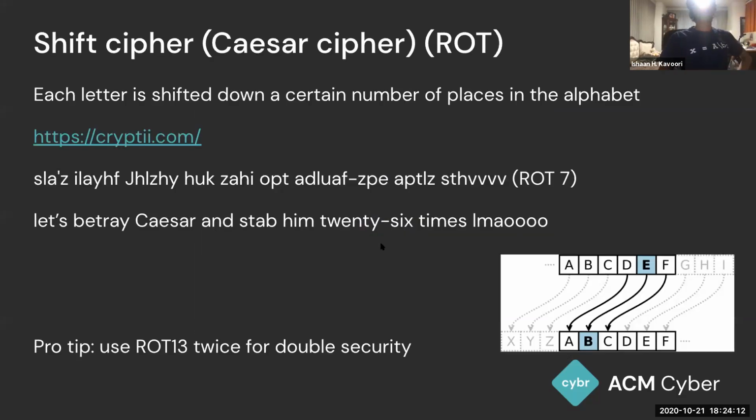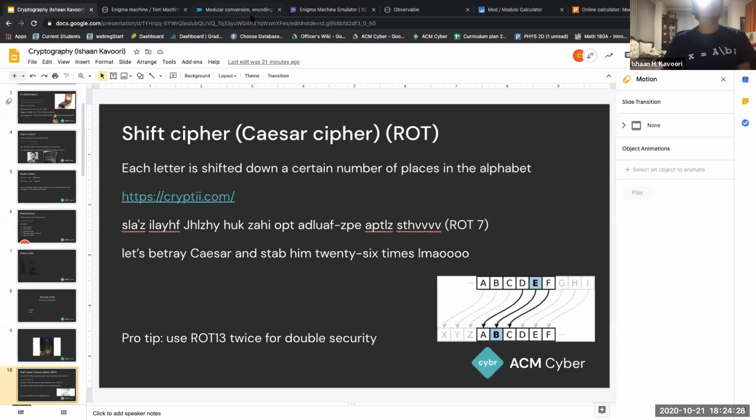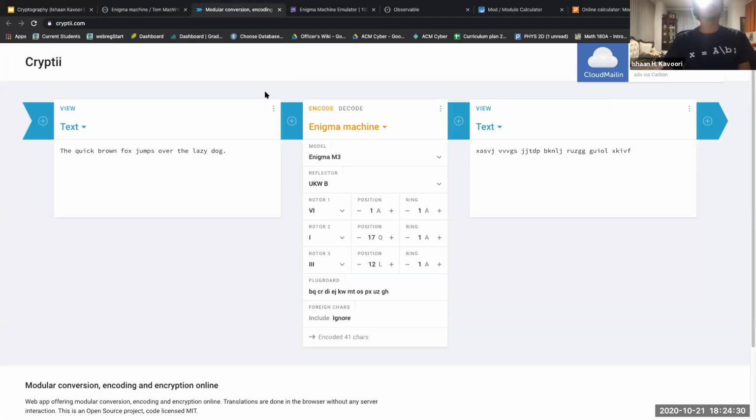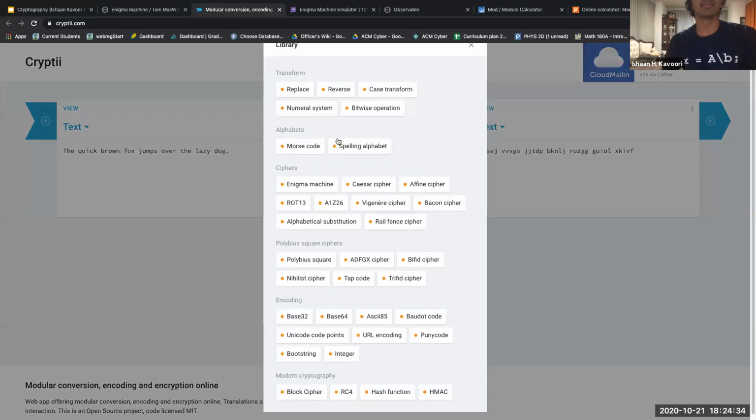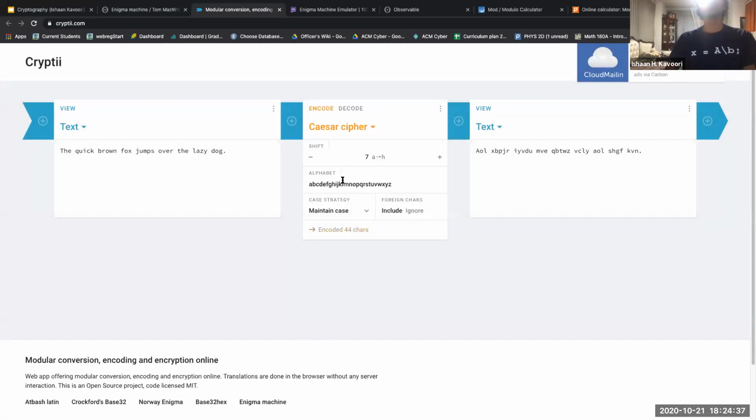Okay, now the next kind of cipher, a shift cipher or a Caesar cipher. Basically, each letter is shifted down a certain number of places in the alphabet. If you go to this website, there is right there a Caesar cipher.